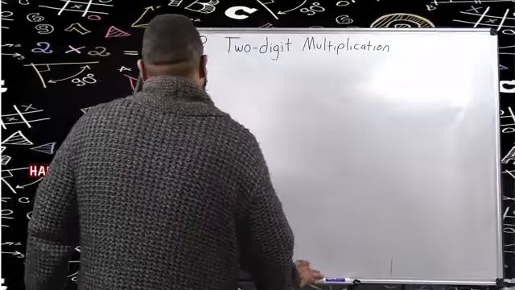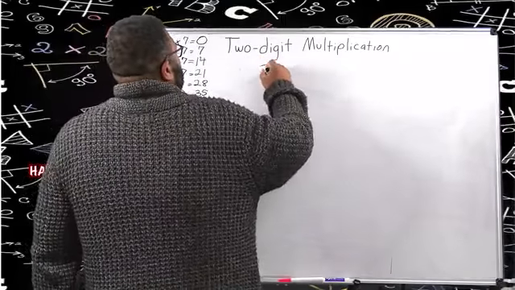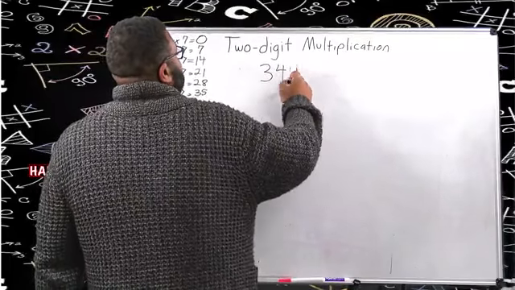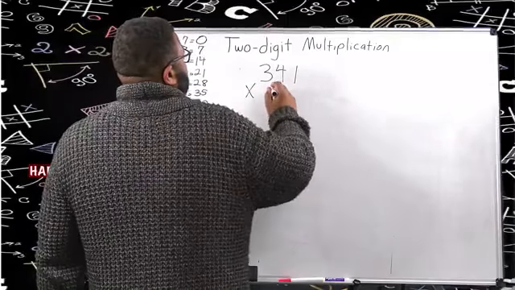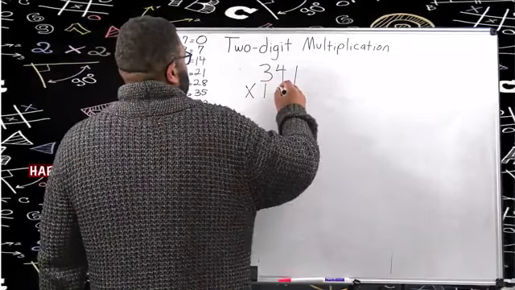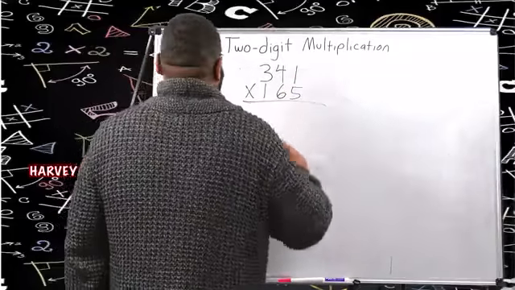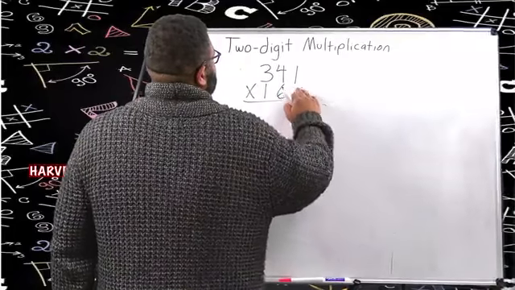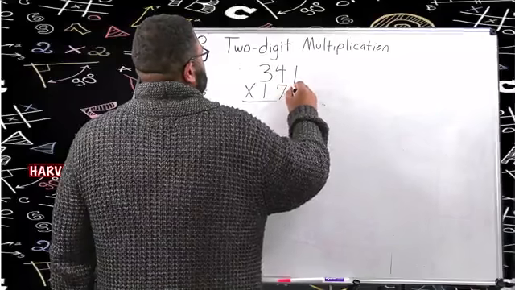So I got my 7, so I'll go this way. 341 times 175. My fault. 175.